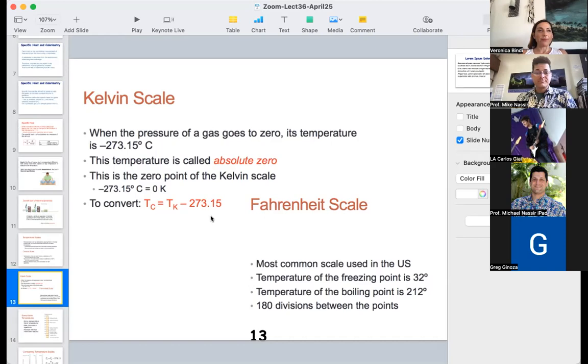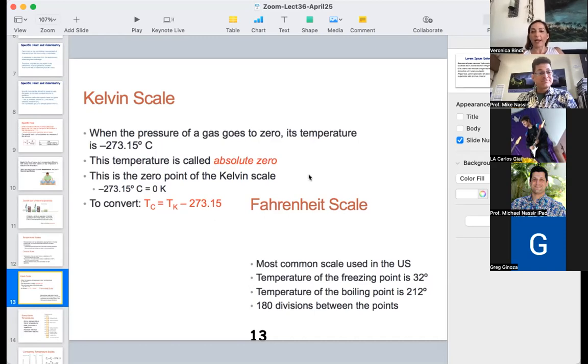So the coolest point, I believe, in the universe that we know of are these superconducting magnets that make up the particle accelerators.